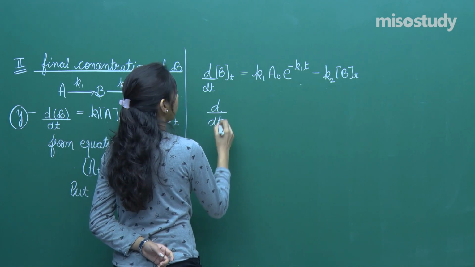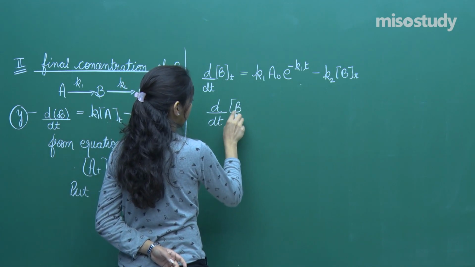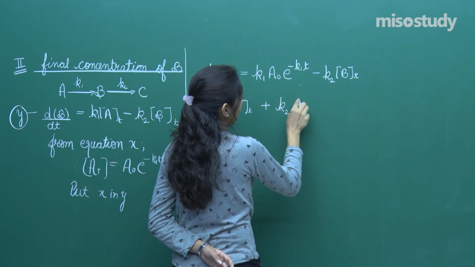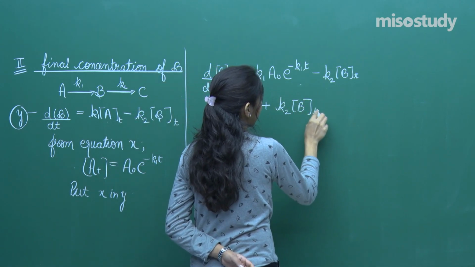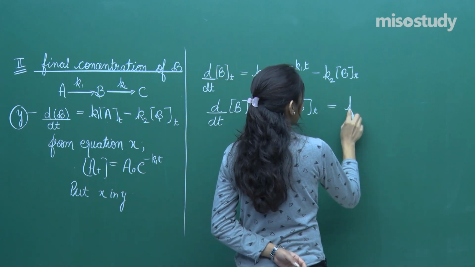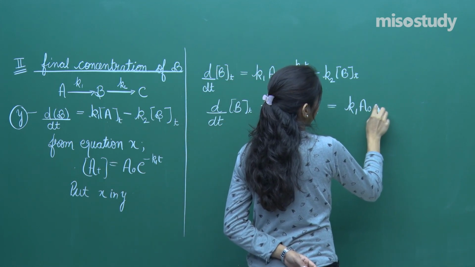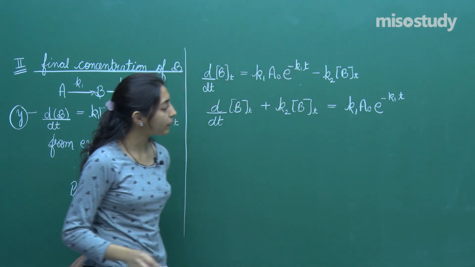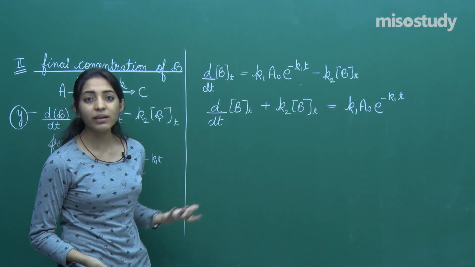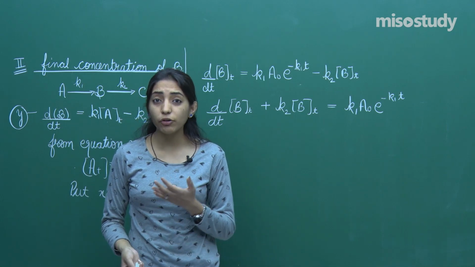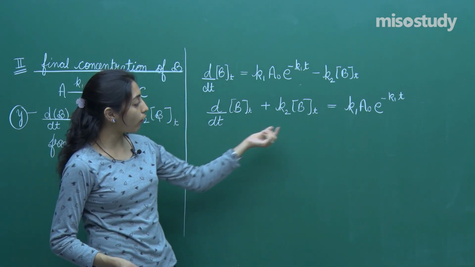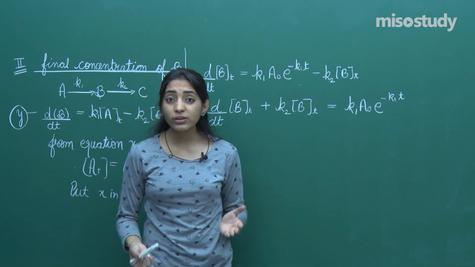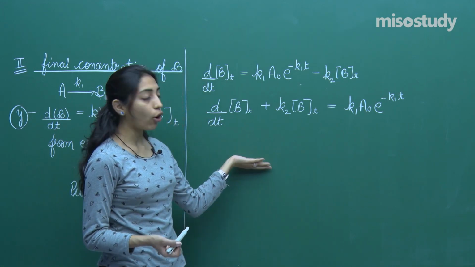So you should be getting d by dt of B at time t plus K2 with B at time t is equal to K1 A naught e raised to the power minus K1 times t. Now see, this is the main equation, and I need to solve the value of concentration of B at any time t.